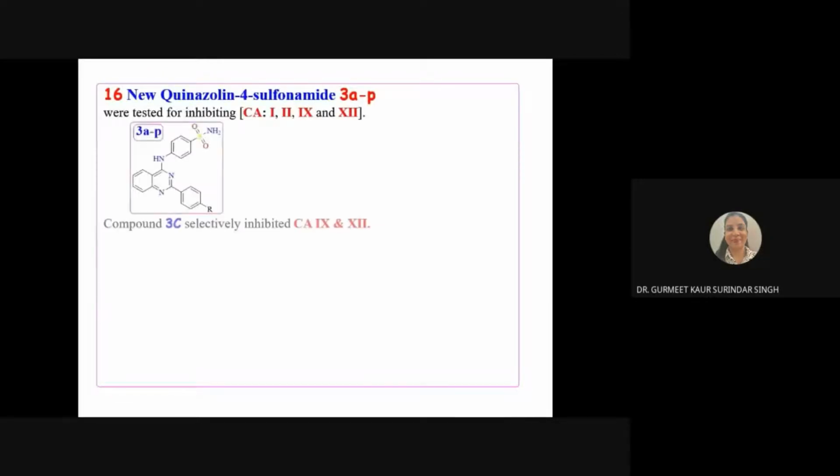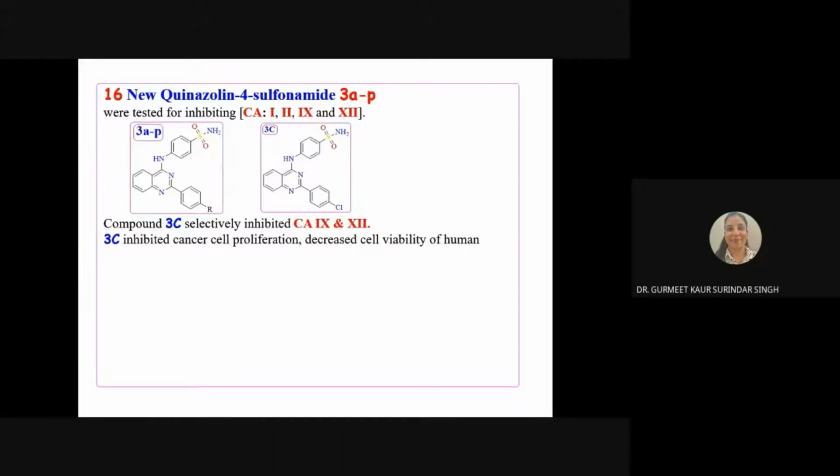This is the structure of both compounds, 3C and 3D. 3C was found to selectively inhibit carbonic anhydrase 9 and 12 without affecting carbonic anhydrase 1 and 2, which are the housekeeping enzymes. And it also inhibited cancer cell proliferation. By the way, we tested them against colorectal cancer cells.